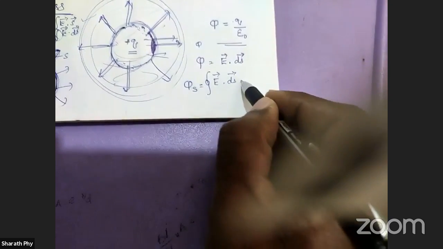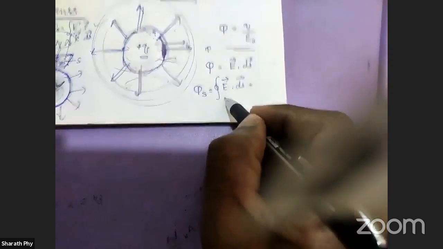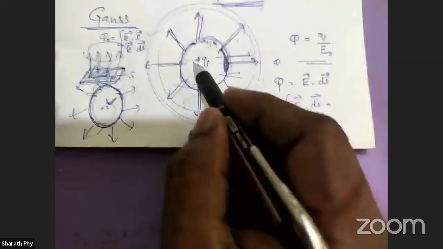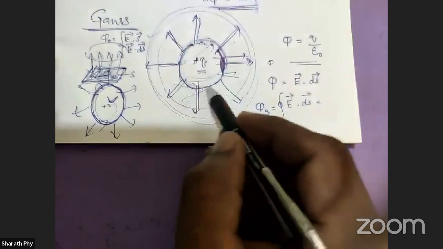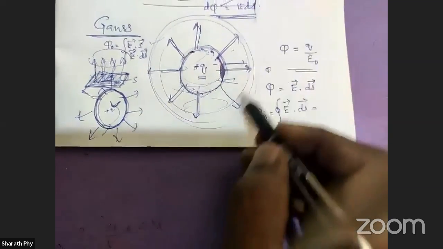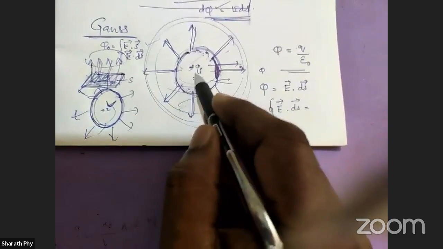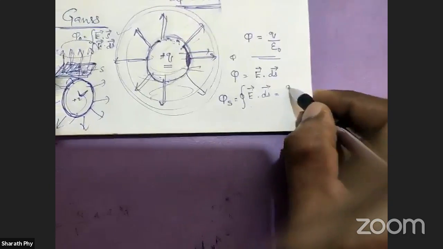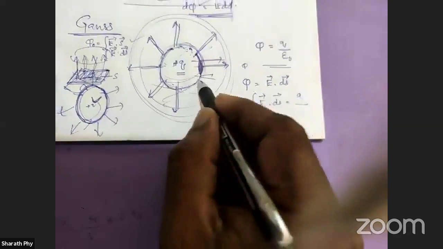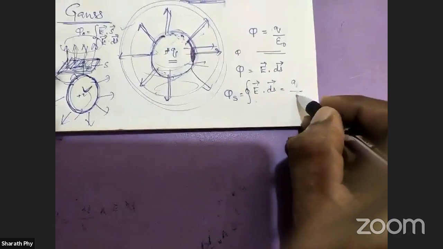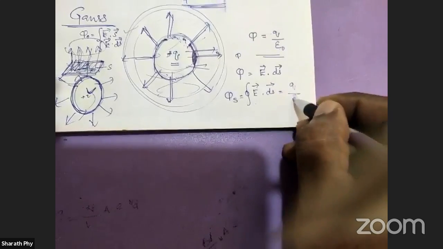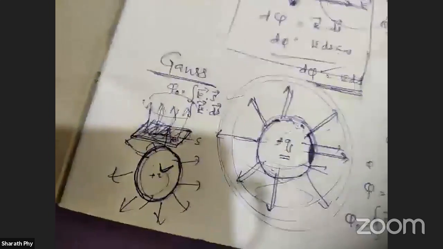This is the actual formula, but Gauss has given a shortcut formula. Whenever a charge Q is enclosed in a closed surface, the flux linked with this surface is the charge divided by the permittivity of the medium. Here we have taken air, so this is the permittivity of the medium.